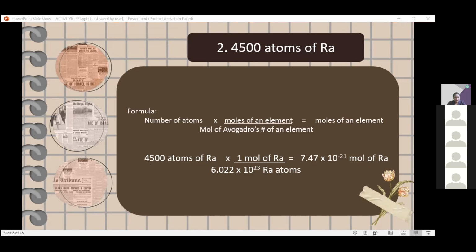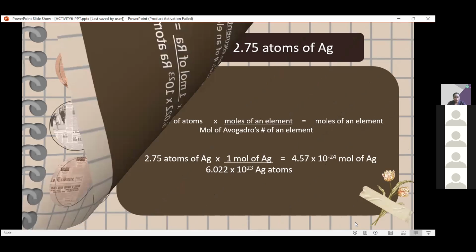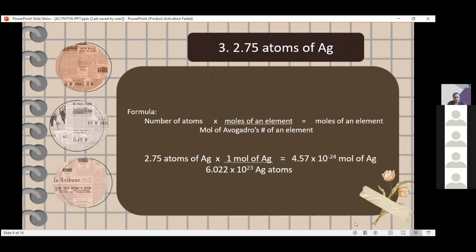Number 3, 2.75 atoms of silver. 2.75 atoms of silver times 1 mole of silver over 6.0221 times 10 raised to 23 silver atoms equals 4.57 times 10 raised to negative 24 mole of silver.